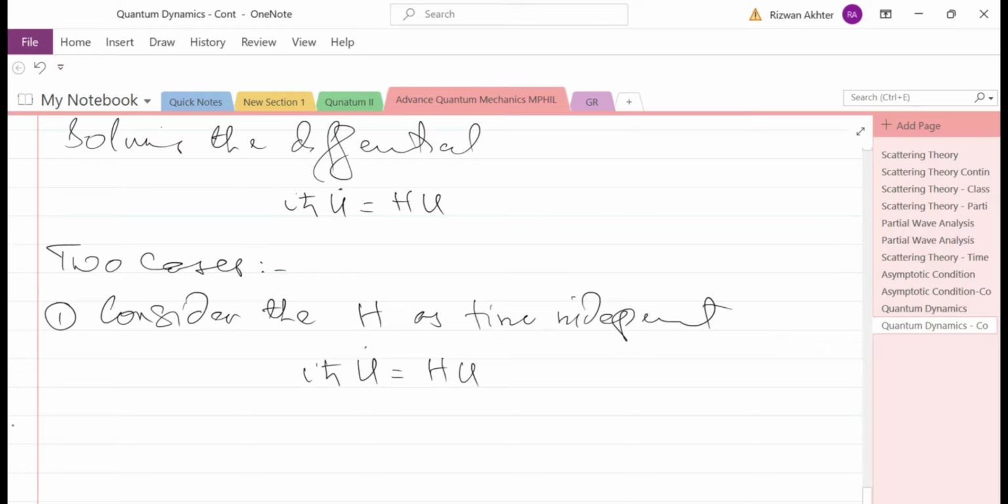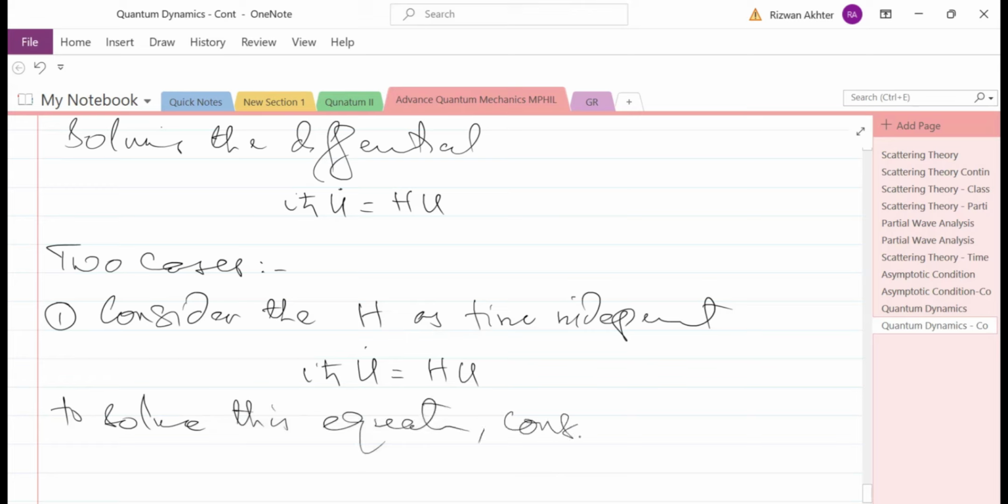For now, H and u are not numbers. Basically, H and u are operators or matrices. But for the sake of simplicity, let us consider that H and u are numbers, and then we solve this equation.